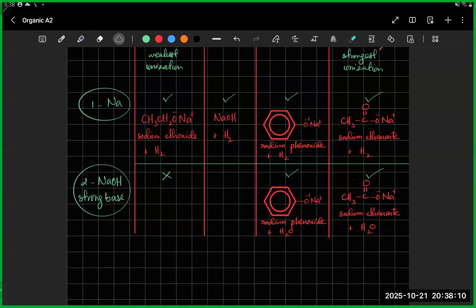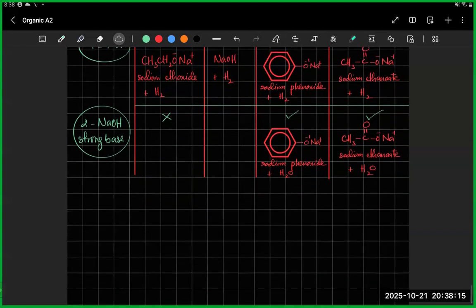Finally, there's a third one. This one was a strong base. Then there's a third one, and the third one is sodium carbonate. Who reacts with sodium carbonate? Carbonates are weak bases.